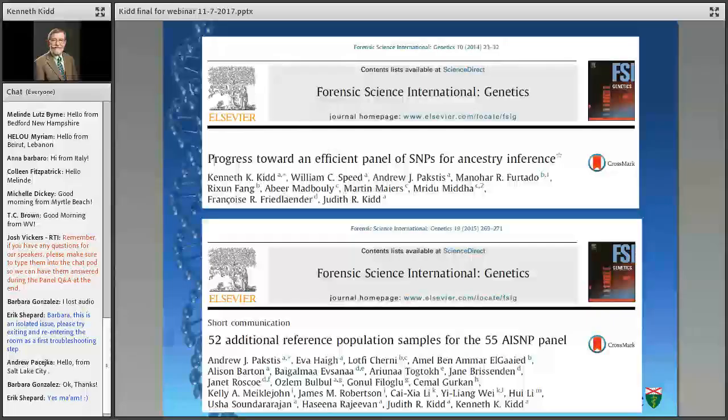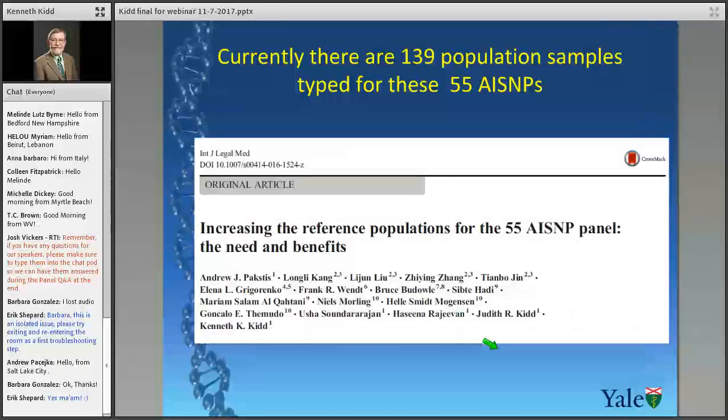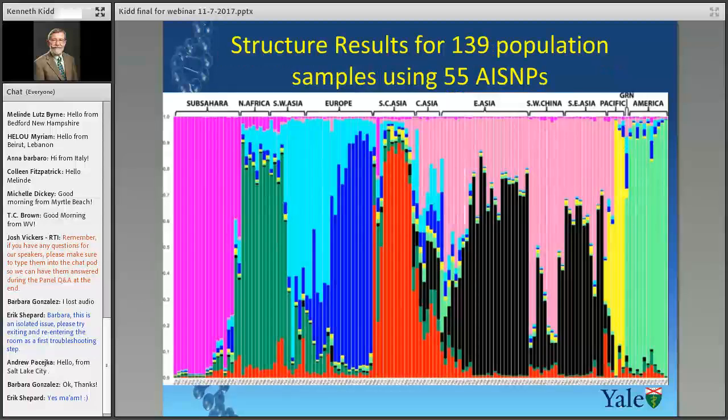But then we moved on towards our own panel, and in a series of papers, we expanded our set of 55 ancestry informative SNPs and finally reached a very large set of 139.